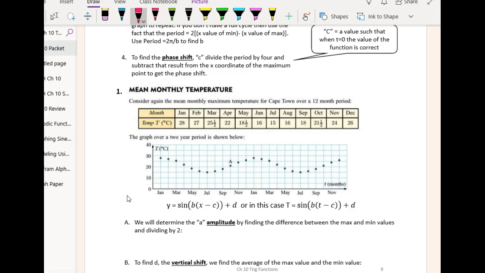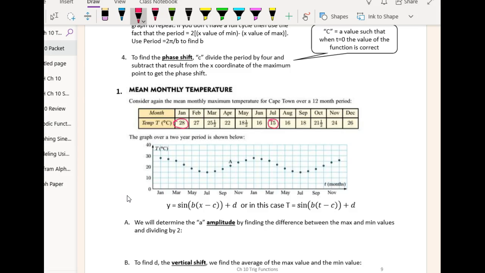And that's going to give us our value of A. Okay, so what do we get? What's our high and our low? 28 minus 15. Our high and our low, yep.